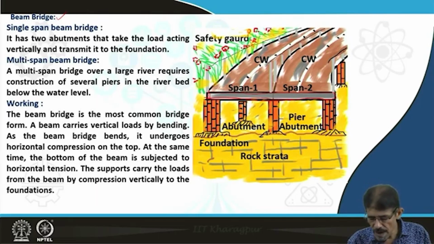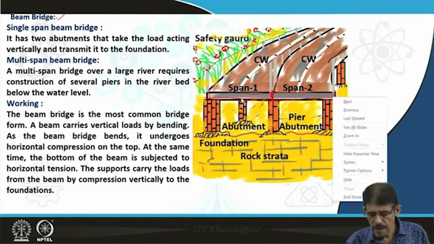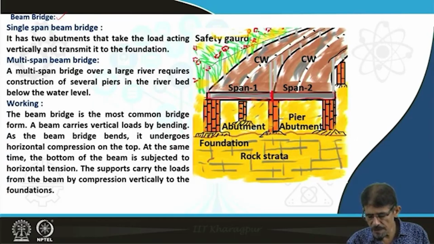It may be of a single span or multiple spans. Based on the number of spans, this type of beam bridge can be divided into two categories: single-span beam bridge and multi-span beam bridge. You can see here the single-span beam bridge.